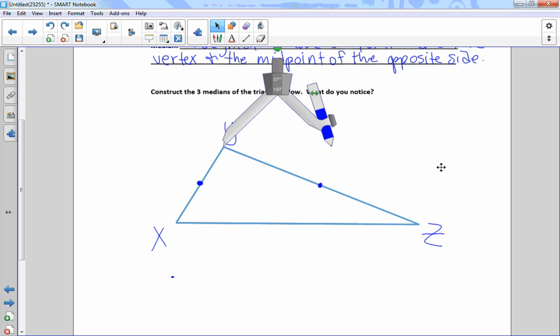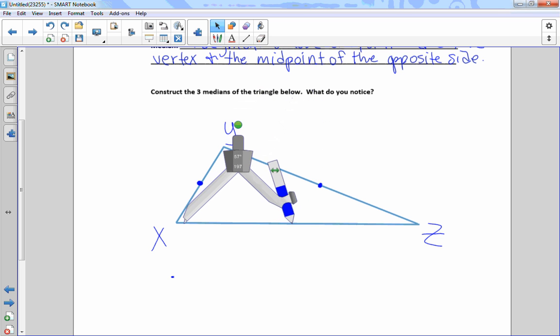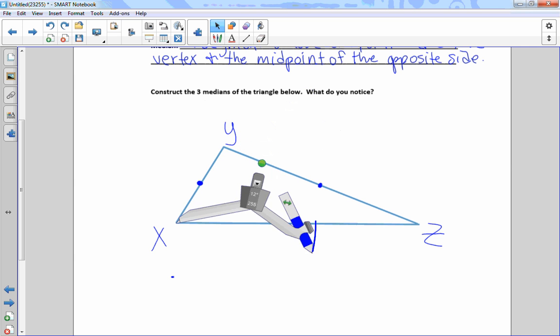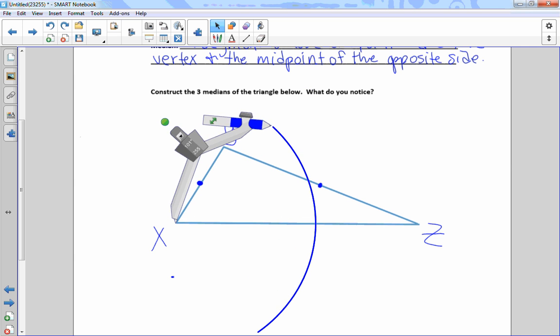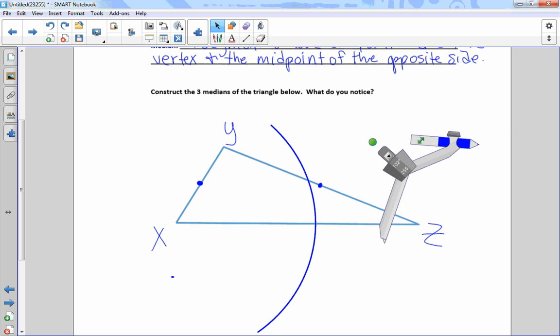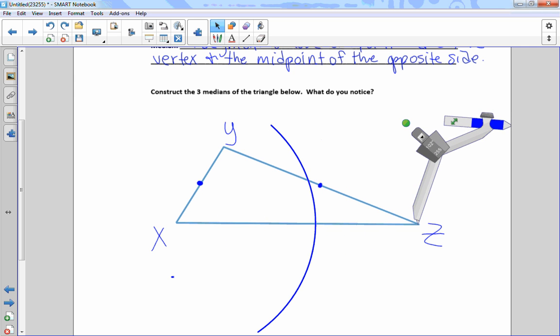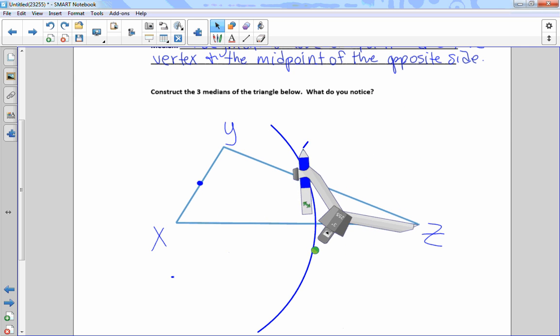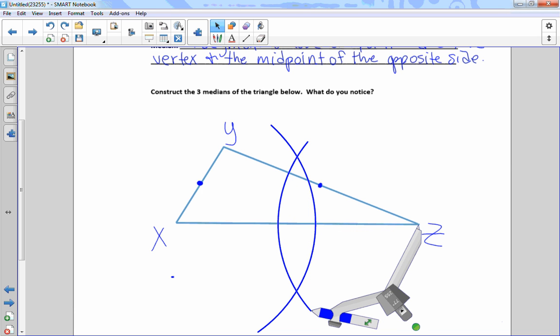Okay, one more between X and Z. Line up your ruler.